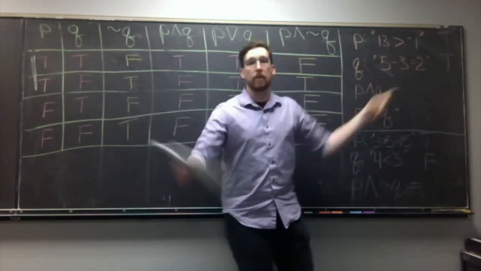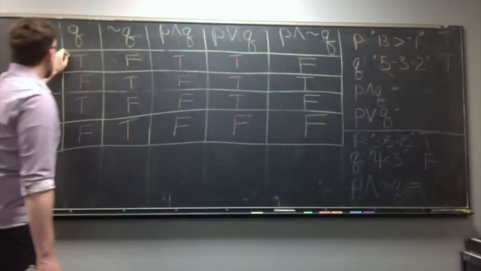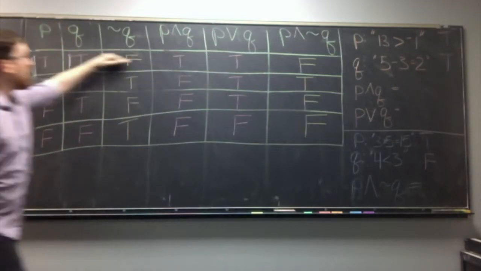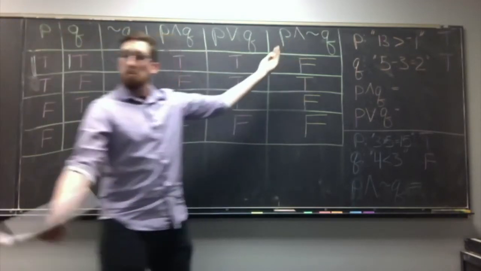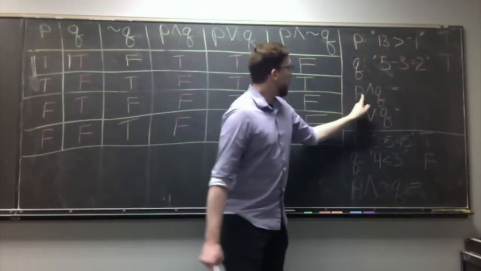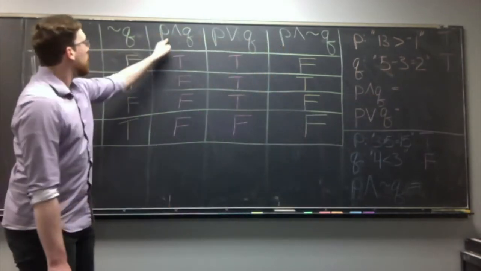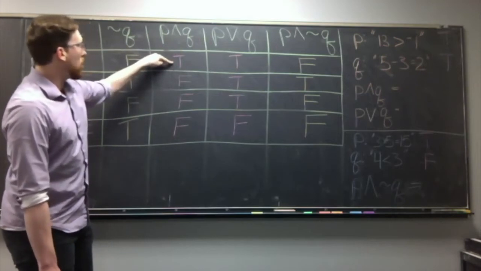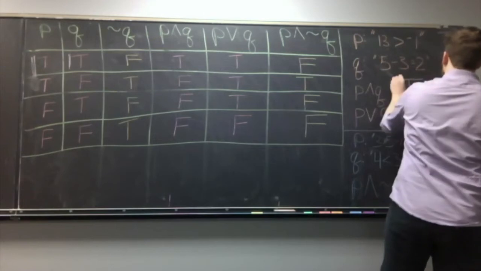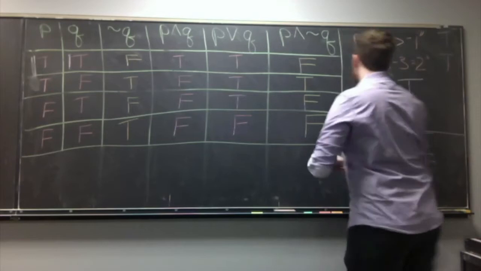That's also a true statement. So, we know that this particular example is going to be in this case here. All right, cool. If that's the case, the truth value for P and Q, we follow it down, we say P and Q, in this row, that's true. For P or Q, again, true.